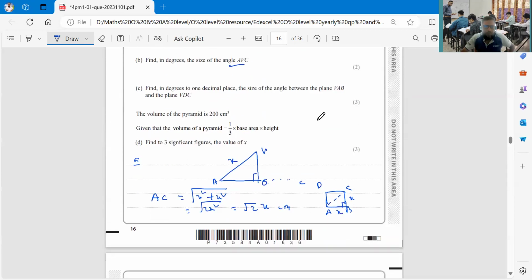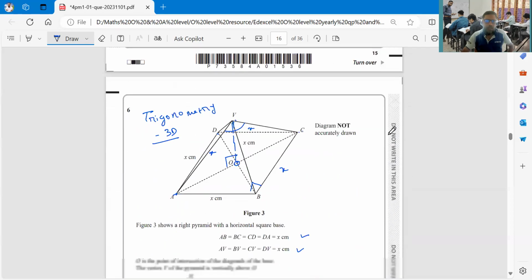Now C. Find, in degrees to decimal place, the size of the angle between plane BAB and plane BDC. So the angle between the two planes, BAB and BDC. Look at BAB, this triangular plane, and BDC, this plane. So how to find this angle? Between two planes, the common line is the base.